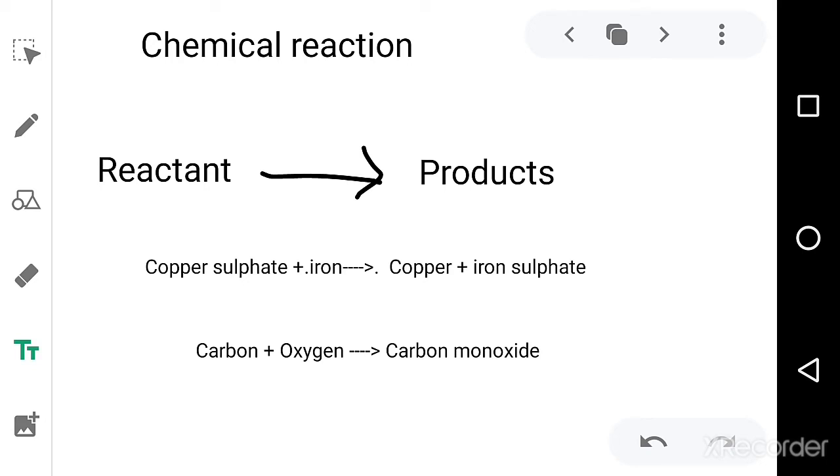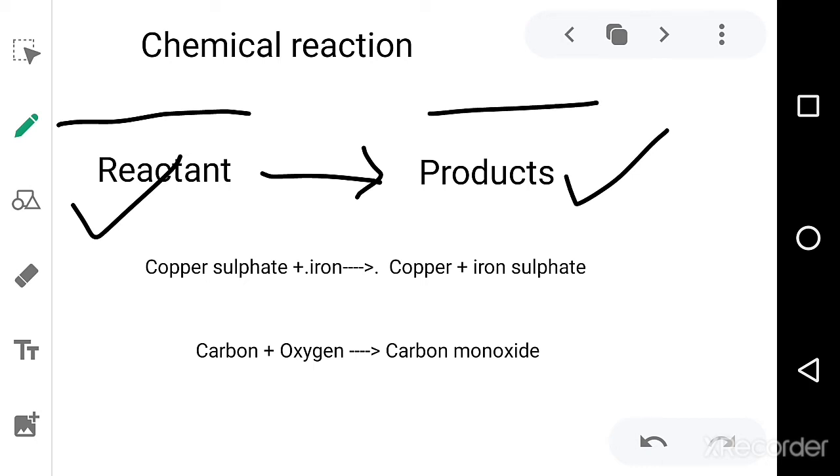The substances that undergo a chemical reaction are called reactants, and the substances which are formed after the chemical reaction are called products. So the left hand side is called the reactant side and the right hand side is called the product side whenever we write any chemical reaction. We can use another word for chemical reaction, that is word equation.